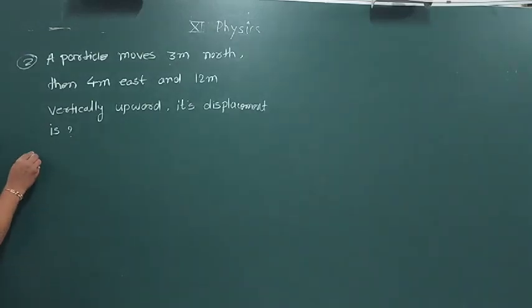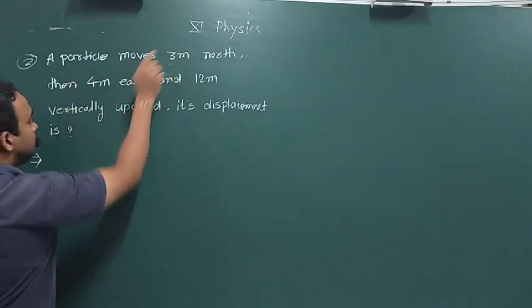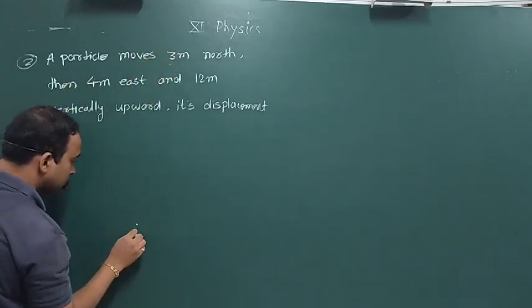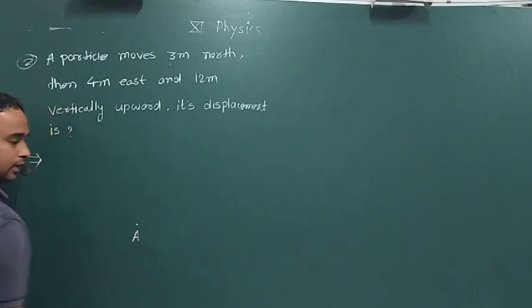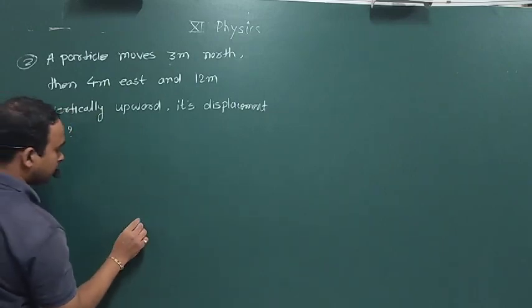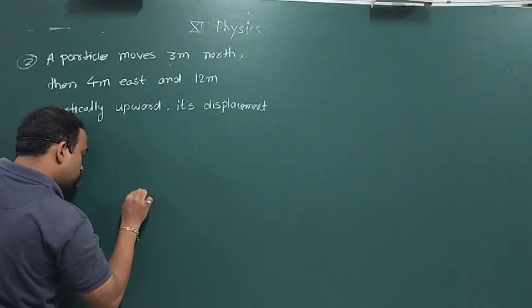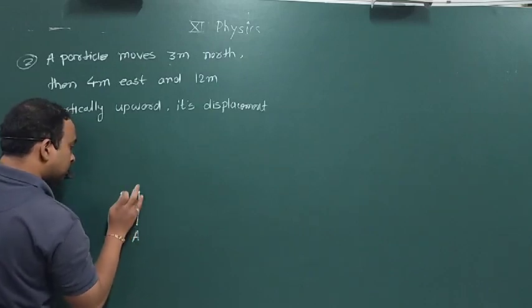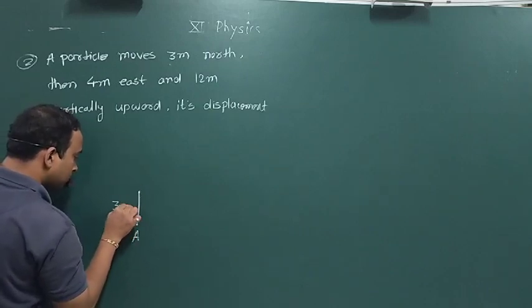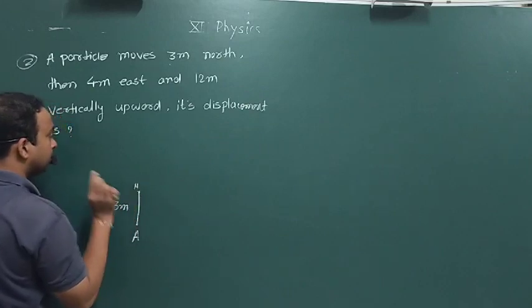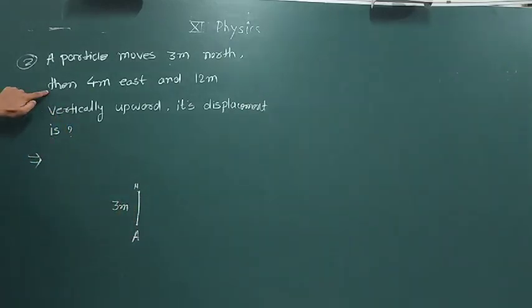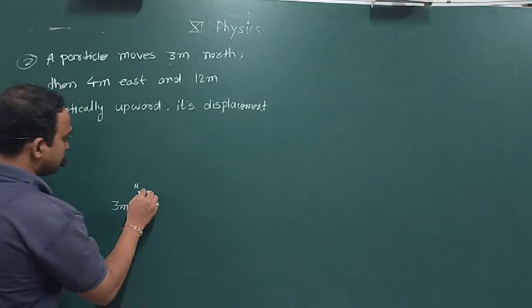First of all we will draw a diagram. A particle moves 3 meter north. Suppose this is the point A, which is the initial point. So from this the particle moves 3 meter north.